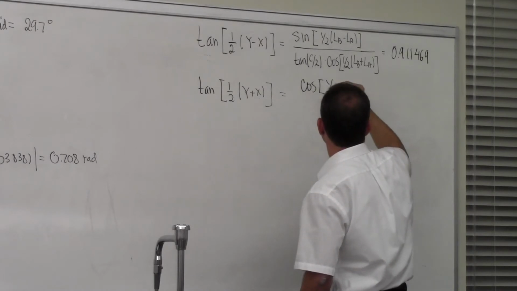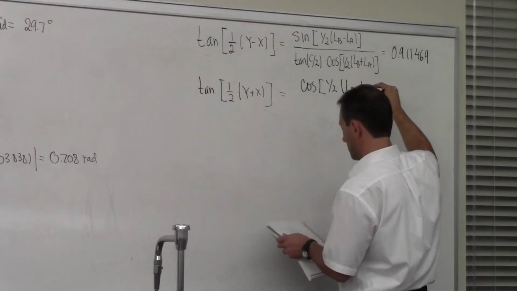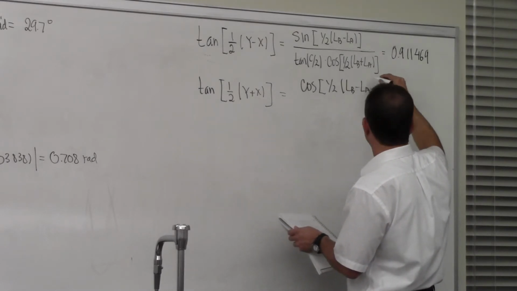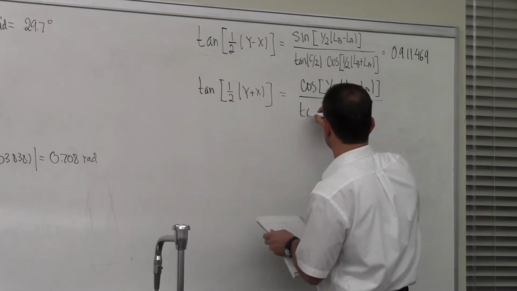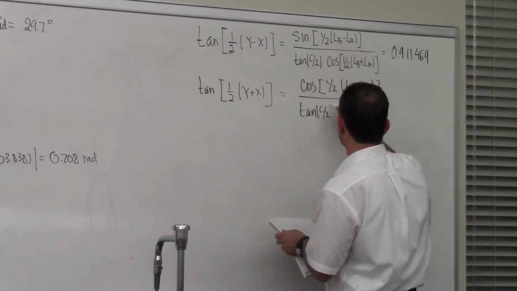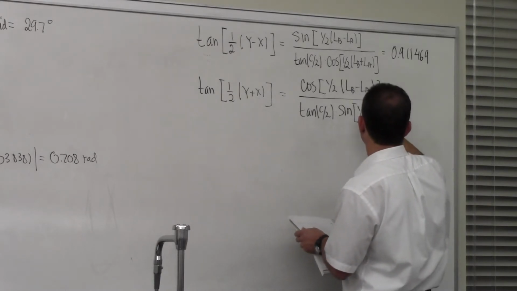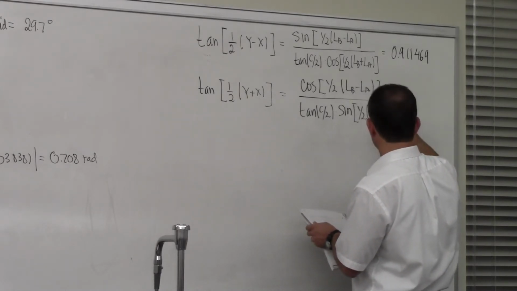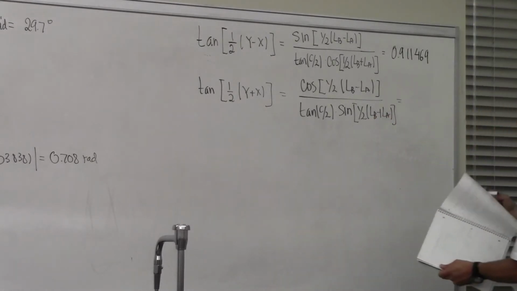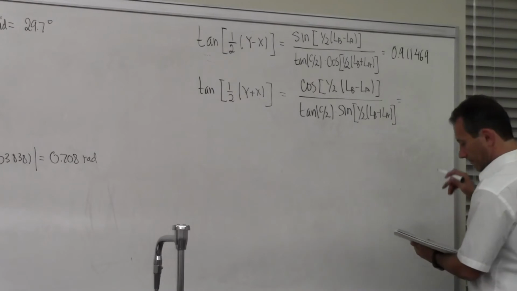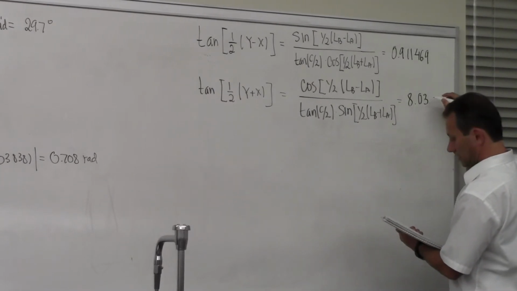Cosine 1/2 (LB minus LA) divided by the same thing downstairs, tangent of C over 2 times sine of 1/2 (LB plus LA). And when I calculated this one, this ended up being 8.034313.